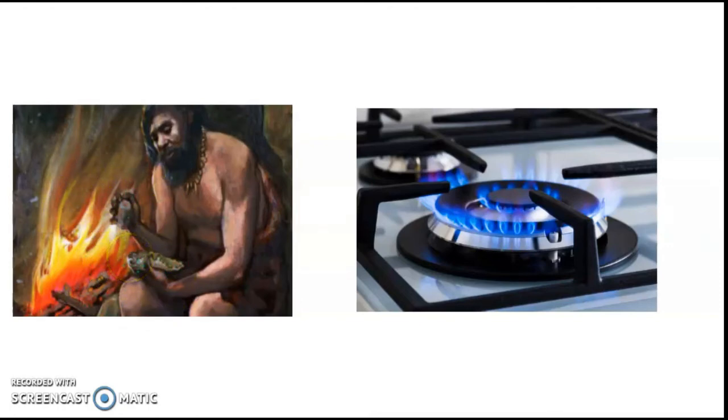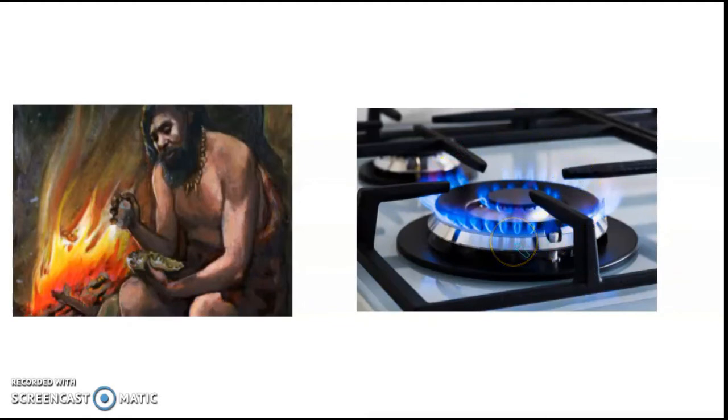So this is one of the major inventions made by the cavemen, and even now, with various changes and technology, it is still very helpful for us. People used to rub stones to produce fire, but nowadays we use lighters or various other substances.